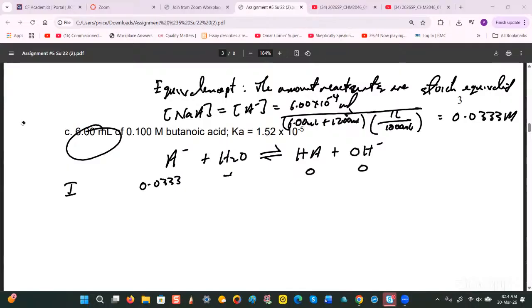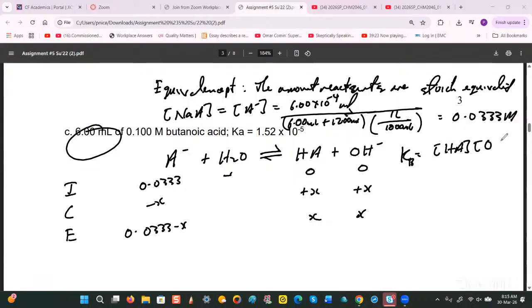Okay, so we don't know what the change is because it's a weak base, but we can call that minus X for the A minus, which means that over here, it's going to be plus X and plus X, right? So the equilibrium situation would be you're going to have 0.0333 minus X, here you're going to have X, here you're going to have X. So we can write down a Kb expression for this, which would be equal to the concentration of HA times the concentration of OH minus all over the concentration of A minus.